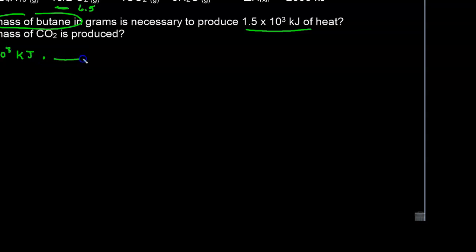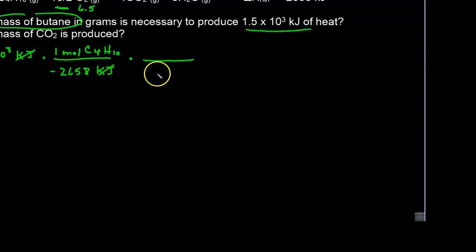And I know that 1 mole of butane will produce a negative 2,658 kilojoules. And so my kilojoules are going to cancel, and now I have moles.